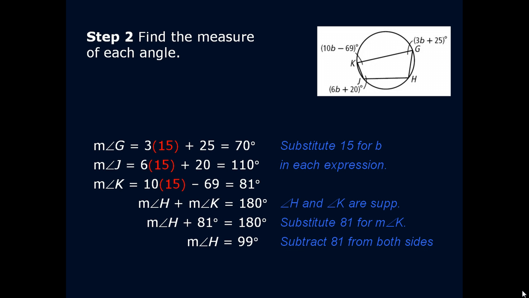The measure of angle K equals 10 times 15 minus 69, or 81 degrees. The measure of angle H plus the measure of angle K equals 180. The measure of H plus 81 is 180. So the measure of angle H is 99 degrees.